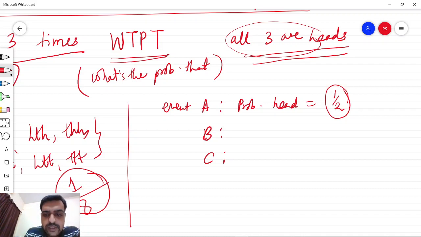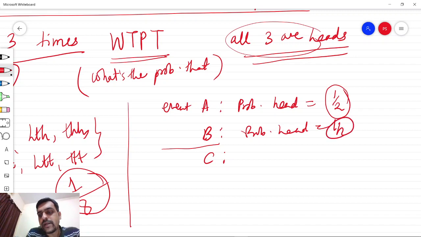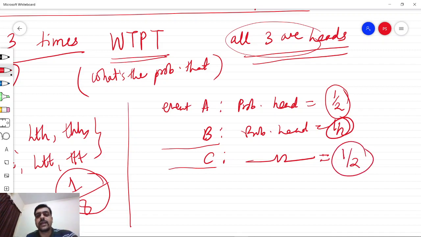If the same coin is tossed next time, that is event B, again the probability of a head is 1 by 2. Similar is the case with event C when the coin is tossed the third time. So again the probability of getting a head is 1 by 2.